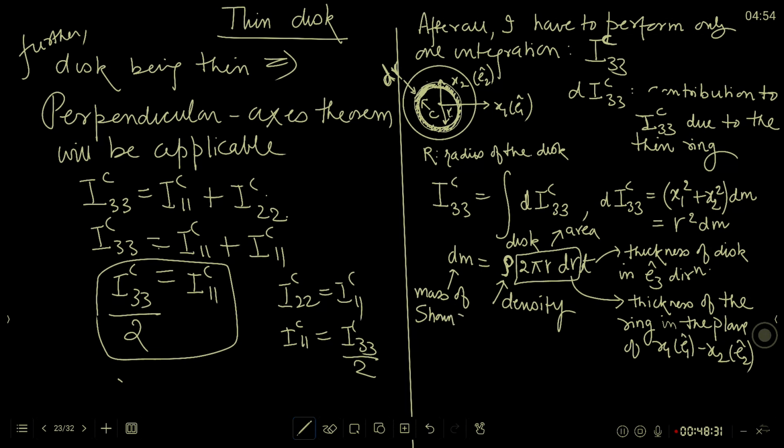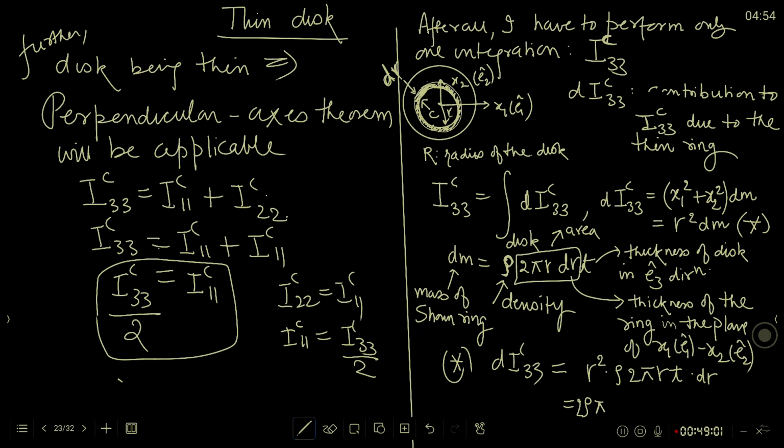Alright, so DIC33 becomes r square rho 2 pi r T dr, which is 2 rho pi T r cube dr. This is DIC33.